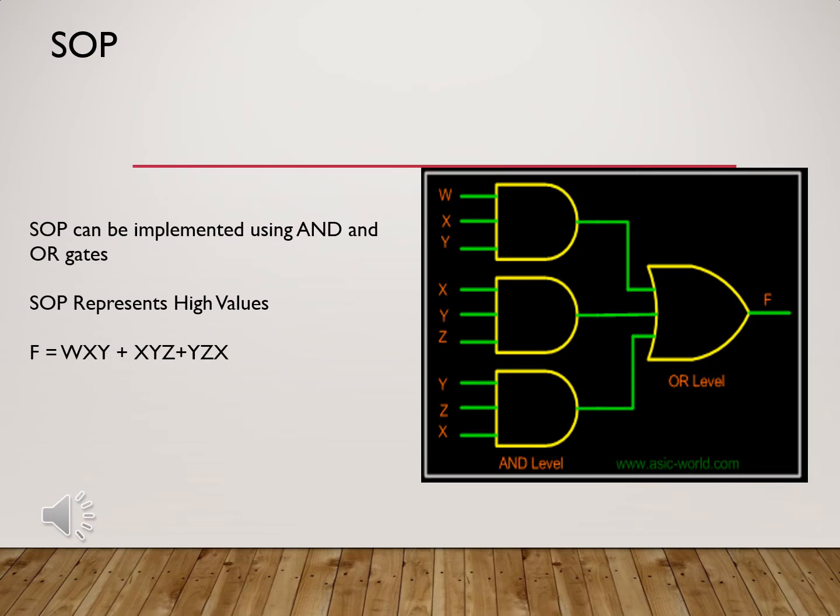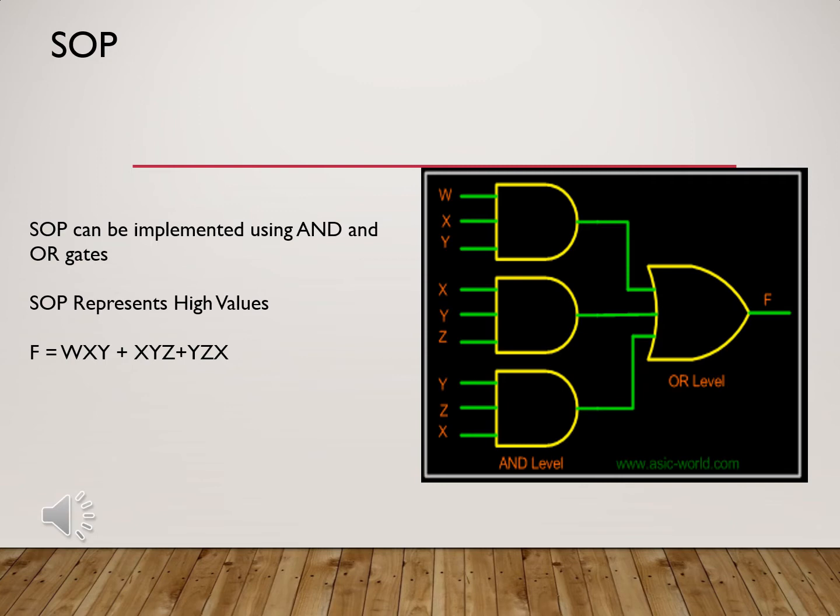As seen in the previous presentations, the sum of products can be implemented using AND gate and OR gate, and it represents high values. So here you can see three input AND gates are connected to an OR gate. The AND gate gives the result as products, then all these products are summed with the OR gate.